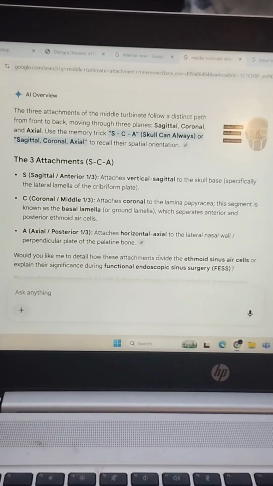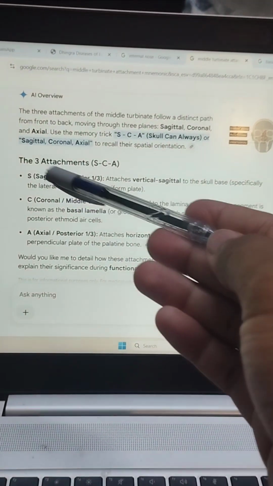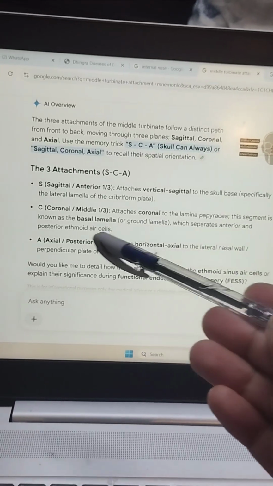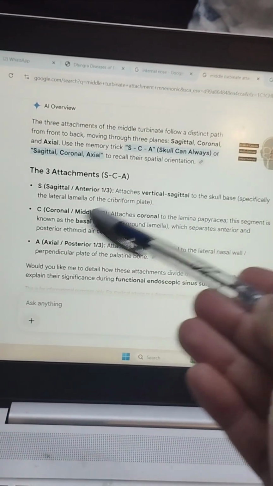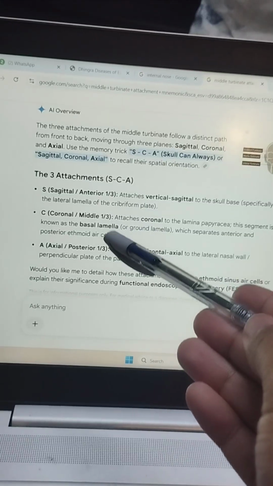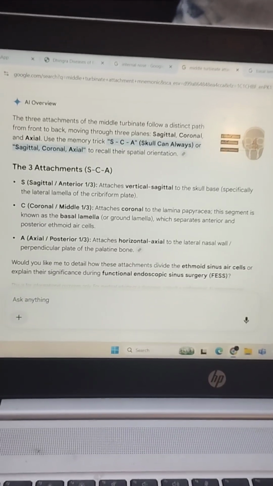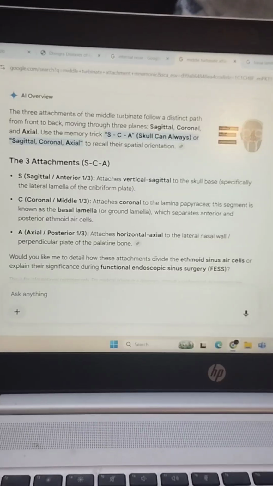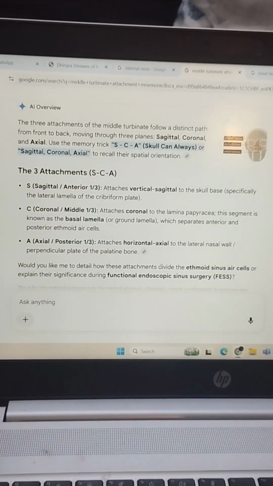An easy mnemonic for the attachments of the middle turbinate is going to be SCA, or "skull can always". So first of all, we have the sagittal axis, then the coronal axis or the middle third, and the axial axis or the posterior third. The sagittal axis is going to attach to the base of the skull, specifically the lateral lamella of the cribriform plate, and the middle third portion is going to attach coronally, or in the frontal plane, to the lamina papyracea, and the posterior third is going to attach in the horizontal plane and form the roof of the middle meatus, and it is going to attach to LM.